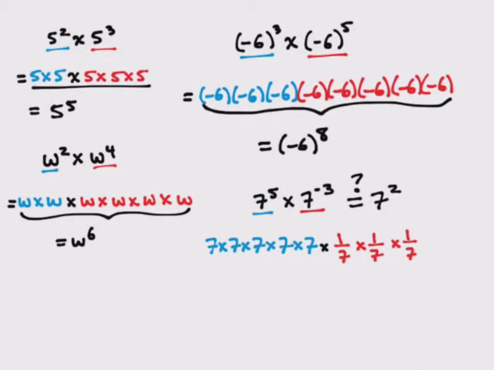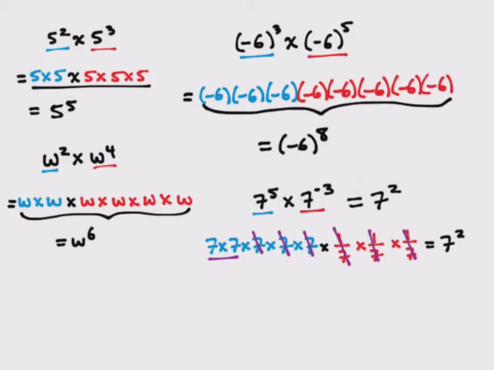They cancel out, if you will. So this 7 and this 1/7 will multiply to 1. This 7 and this 1/7 will multiply to 1. And this 7 and this 1/7 will multiply to 1. And what do we end up with? 2 remaining 7's for a grand total of 7 squared. All right, the property held that time. Let's get rid of this question mark.